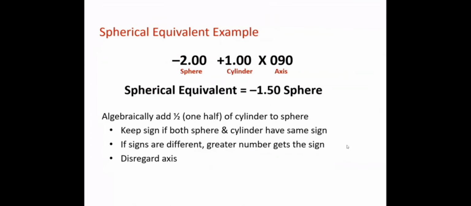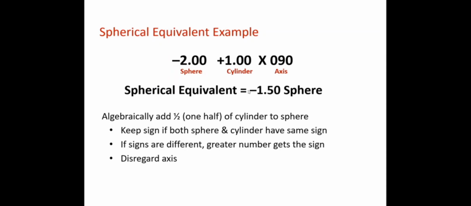Okay, so when we determine the spherical equivalent power, how is it done? We're using the sphere and cylinder prescription. Right, you need to take the sphere and add that to half of the cylinder. So in here the example would be minus 2 plus half of 1 diopter.